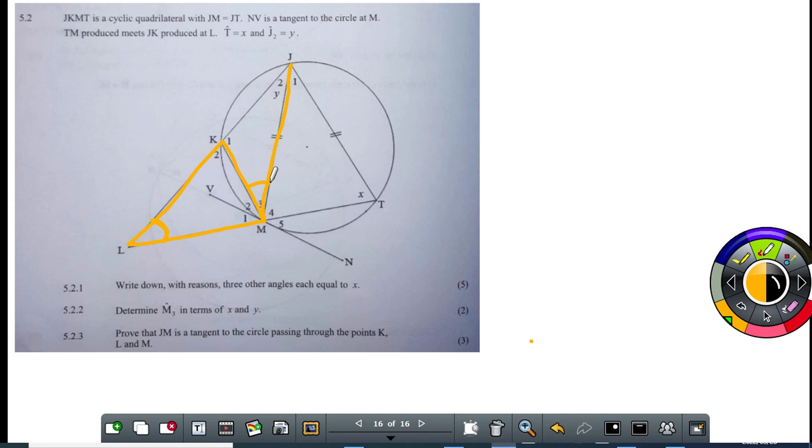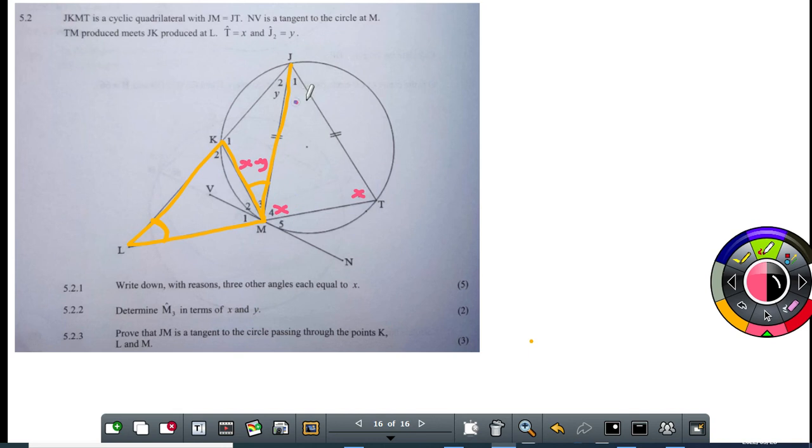Okay? Now, how are you going to do that? Well, someone might ask me, but how is that going to happen? Well, based on the information that we have, we now know that this is x minus y. We know that this is x.